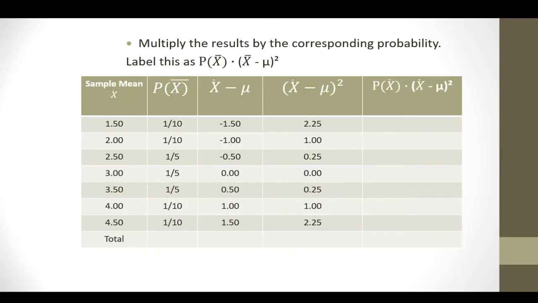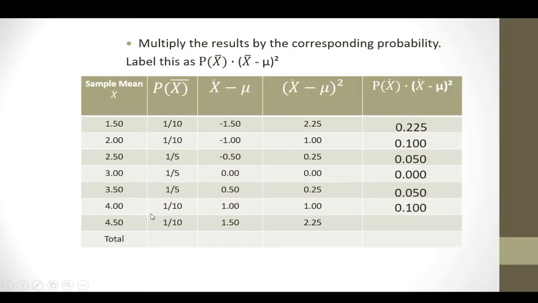Okay, good. Next. Again, we create another column. We multiply the results that we have from the corresponding frequency. Ayan. So, sige, multiply natin. 2.25 times 1 over 10, 0.225. 1 times 1 over 10, 0.1. 0.25 times 2 over 10 is 0.05. 0 times 2 over 10 is 0. 0.25 times 2 over 10 is 0.05, sorry. 1 times 1 over 10 is equals to 0.1.